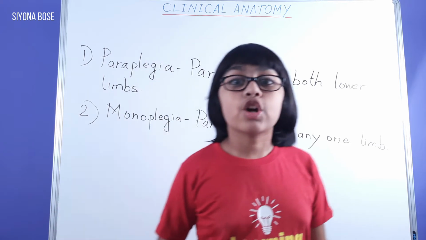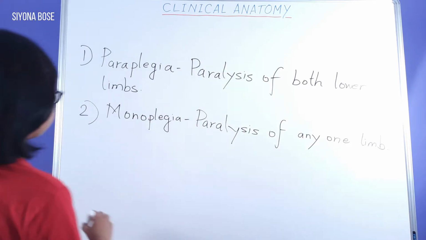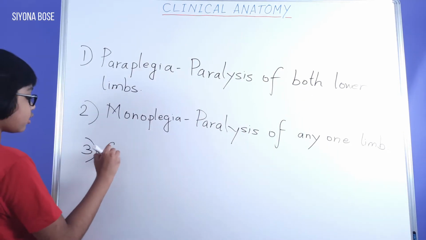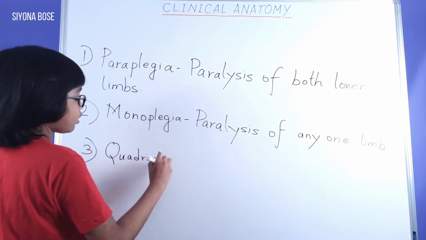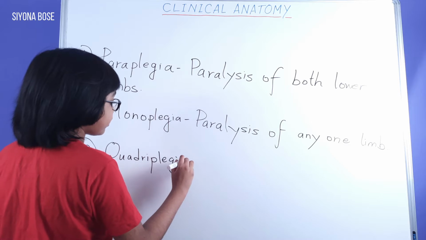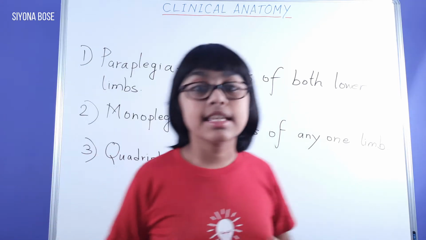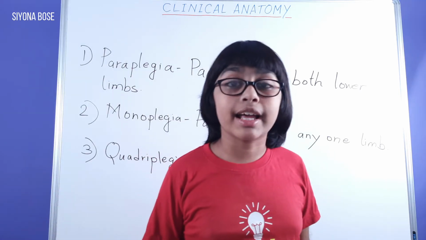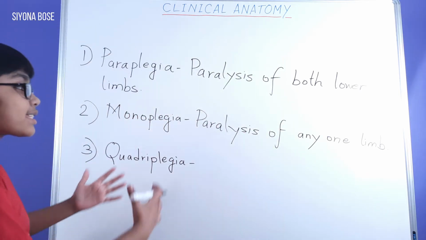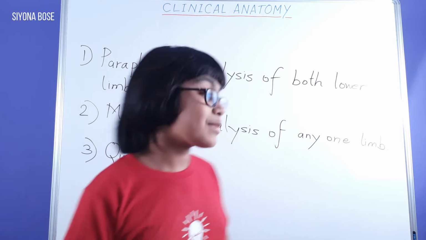And we have quadriplegia as number 3. Here, the prefix quadri suggests that there are 4 involved, and that means paralysis of all 4 limbs.